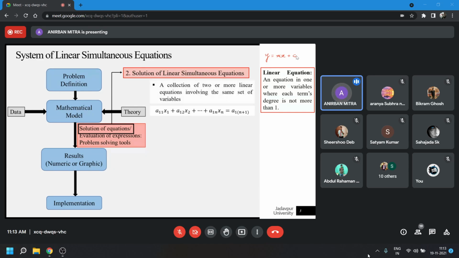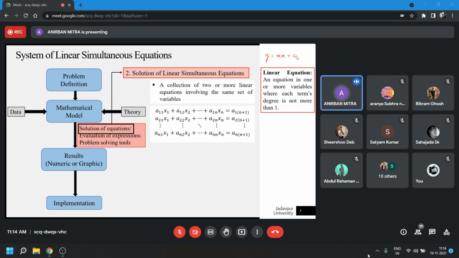Now, what if there are a collection of such equations? So a collection or a group of two or more linear equations which involve the same set of variables, then that is known as a system of linear simultaneous equations.